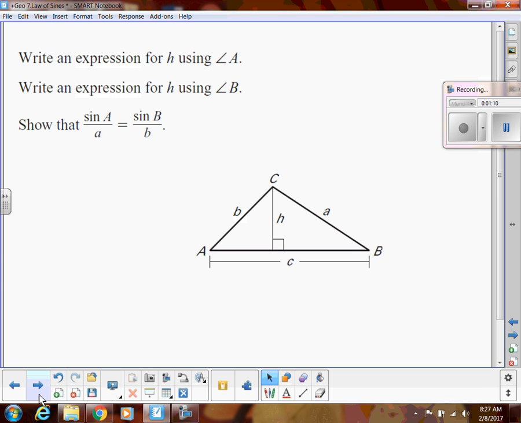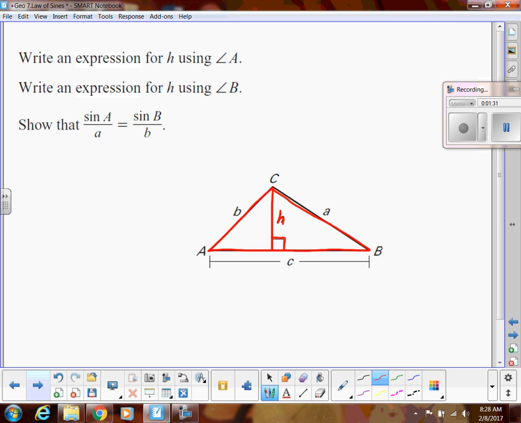Let me just do an informal proof to convince you of why that is true. If I have this triangle ABC, you can see that ABC is not a right triangle. But I've dropped the altitude from vertex C, and we're calling that H for height.